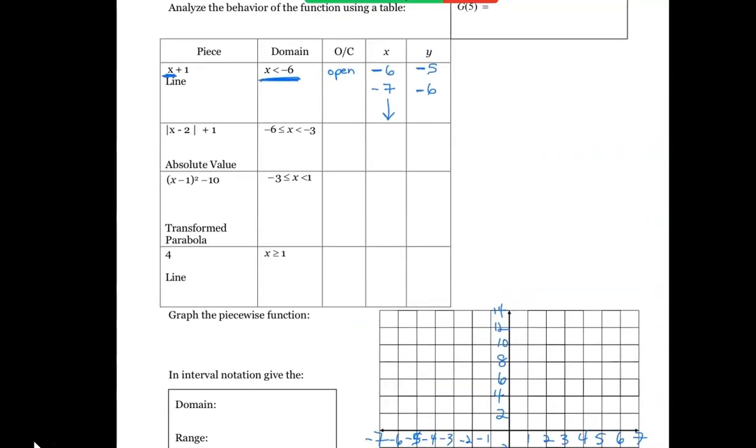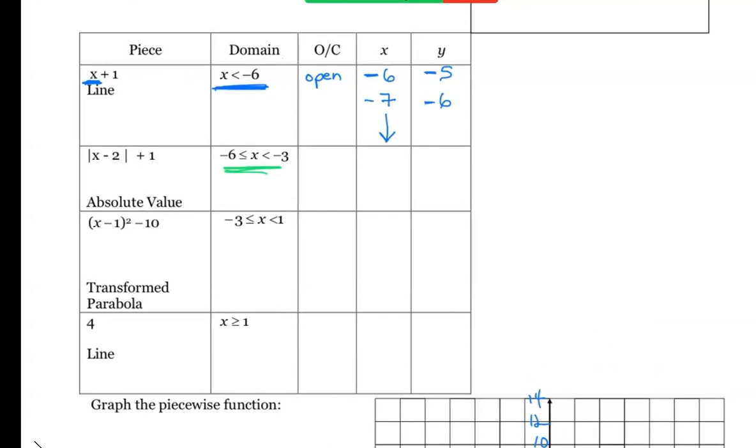Okay, now we're going to do the second piece. So for the second piece, I'm going to use green. And so if you're given a sandwich like this, a couple of things. You're going to use those numbers exactly. Okay, so I'm going to say -6, -5, -4, -3.